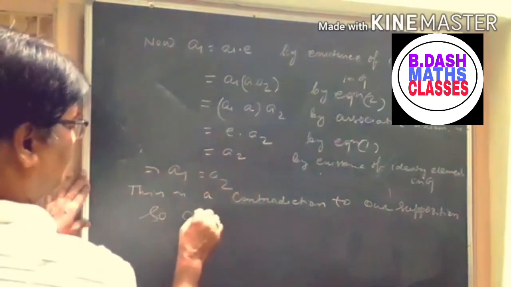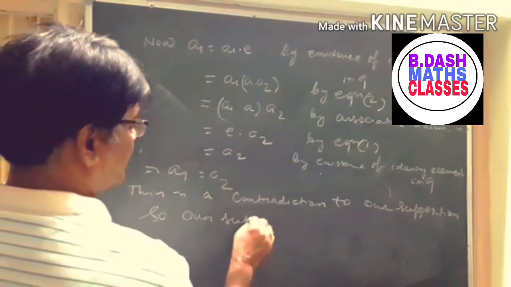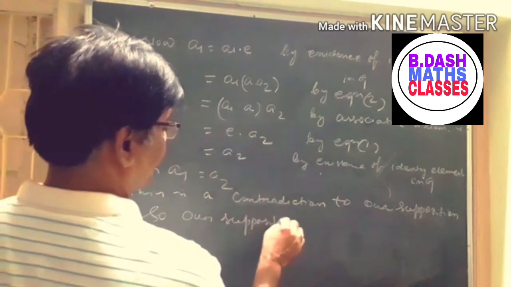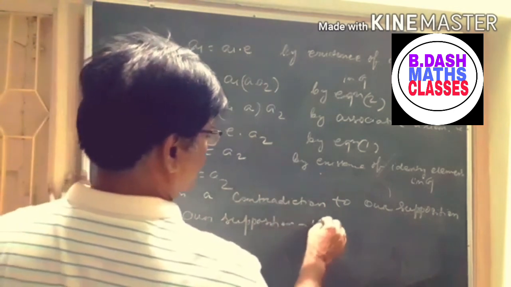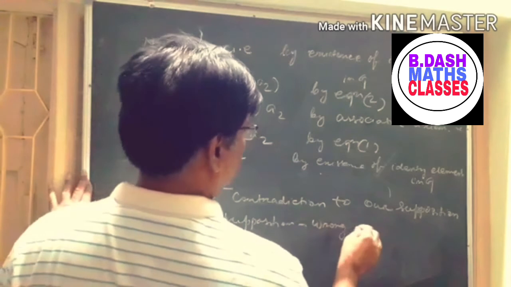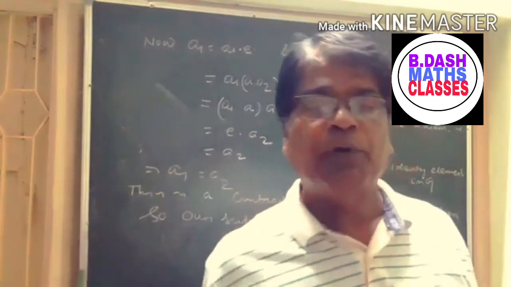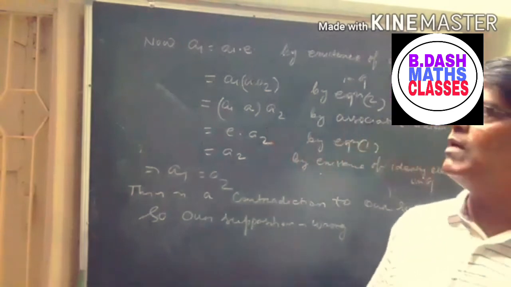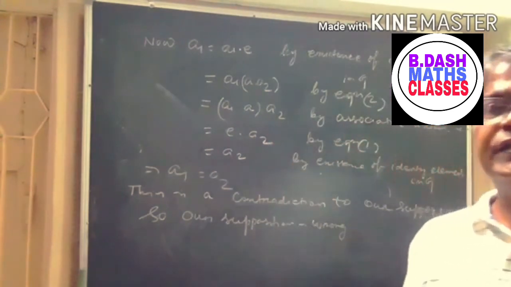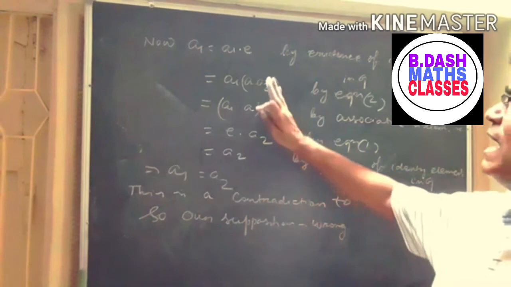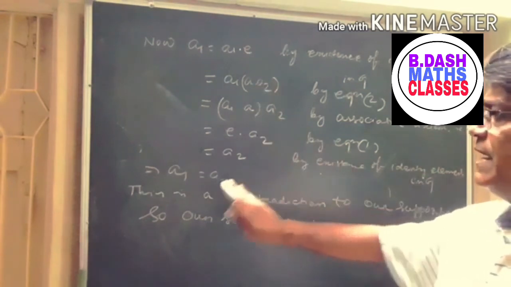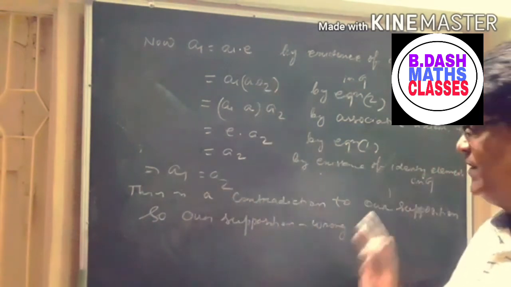So, our supposition is wrong. We have taken, if possible, suppose A has two inverse elements, one of them is A1, the other is A2. Now we have proved that these two elements are identical, so our supposition is wrong.